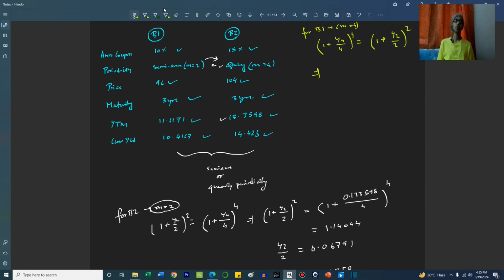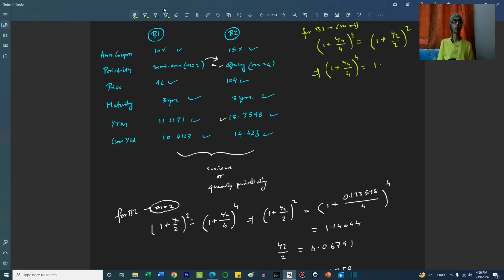This is equal to 1 plus y4 by 4 whole to the power 4 is equal to, we just have to divide it by 2, the percentage terms of it. So 0.116171 divided by 2 plus 1 whole square.